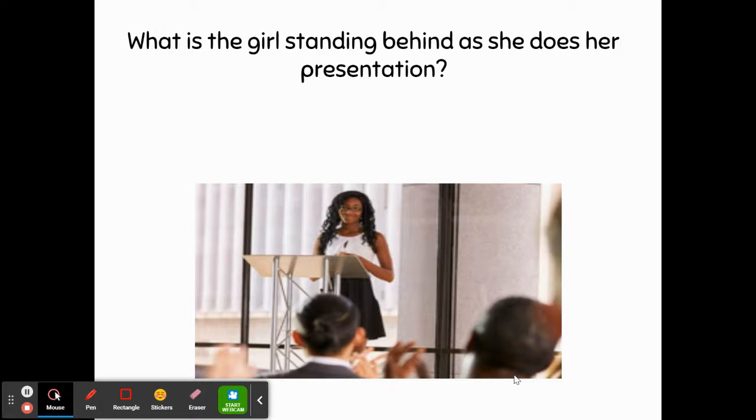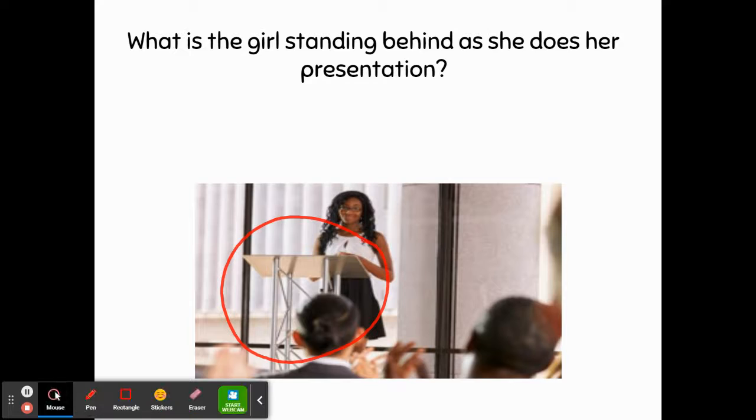It says, what is the girl standing behind as she does her presentation? So we're really looking at this object. What is that called? I want you to think about maybe there's one on the stage in the cafeteria, that when we used to be able to have assemblies all together, the principal or whoever was speaking usually stood behind. And that's called a podium.